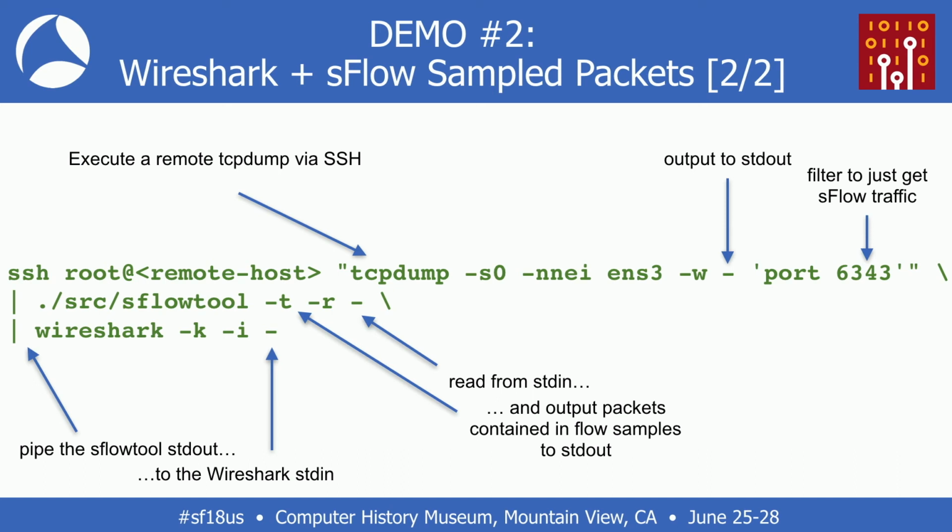So I'm sending the SSH output to standard out, and I'm feeding sFlow tool from standard in, telling sFlow tool to output the packets contained to standard out, and finally I read the standard out of sFlow tool from Wireshark.